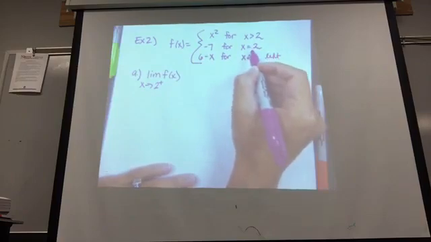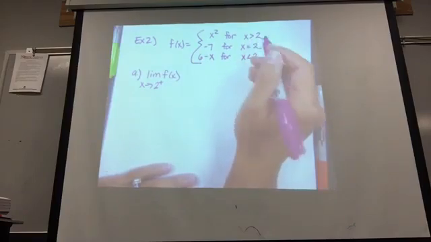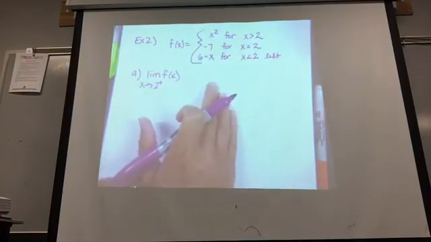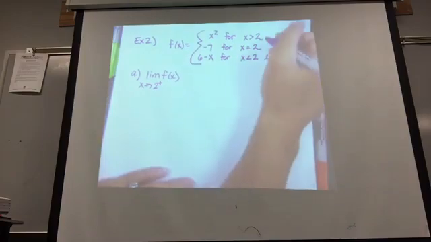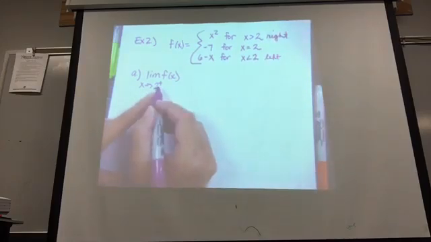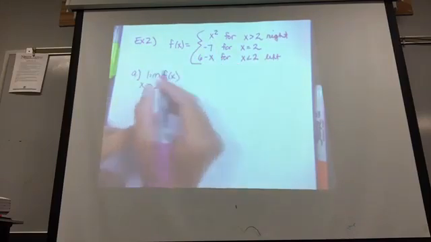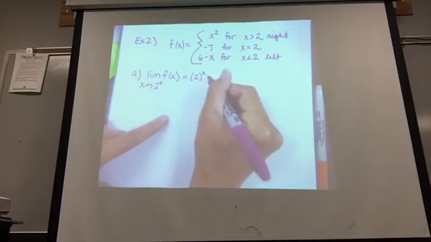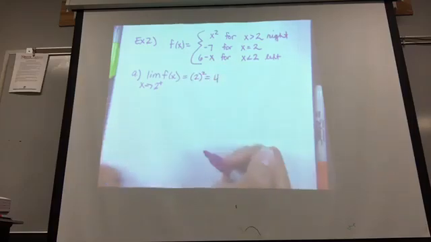This one is equal to 2, and then my top one, the x squared function, is going to be graphed for when x is greater than 2, so that one is from the right. So now I know I'm going to plug in to the top function. So it's going to give me 2 squared, which is 4.